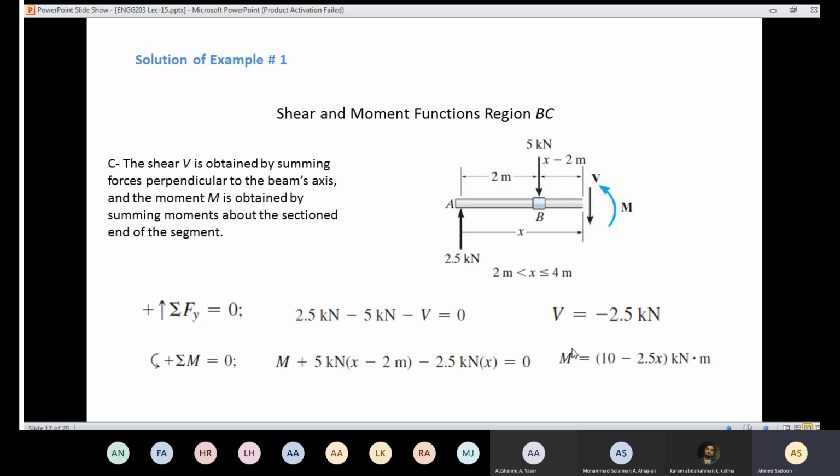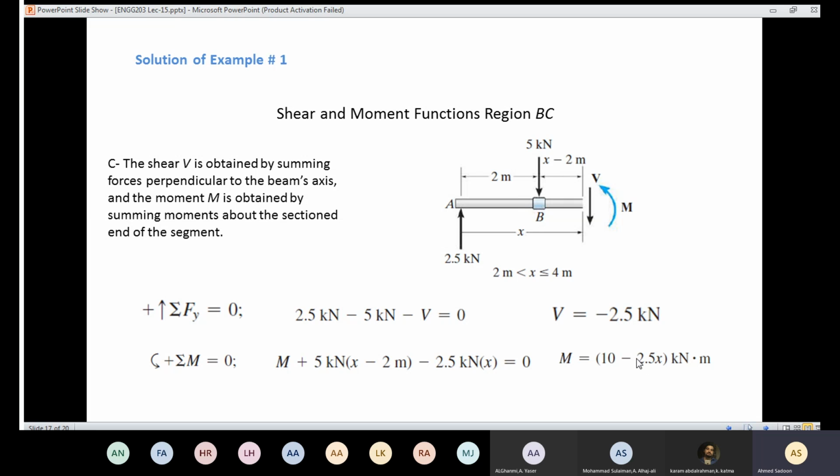You can see here the value of the moment depends on x. Once I know x, I know the value. For example, if I want to know the value of the moment here, at that region x should be, for example, 2. So if x here is 2, then what will you get?